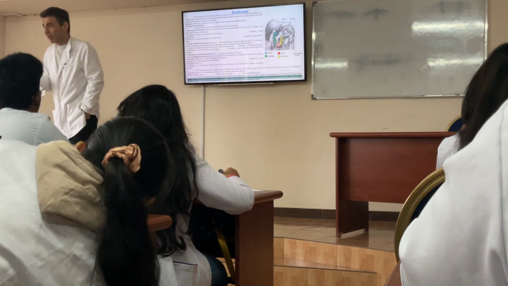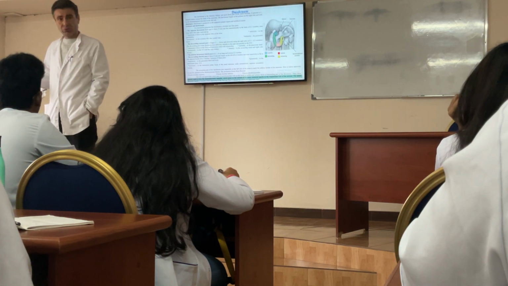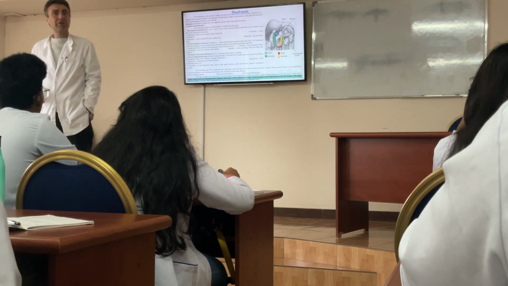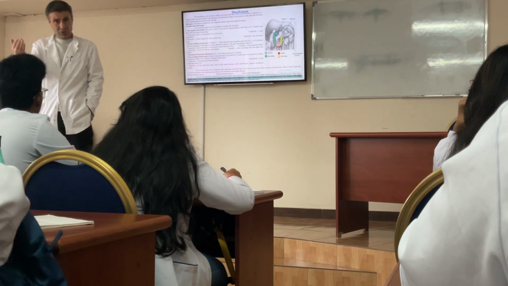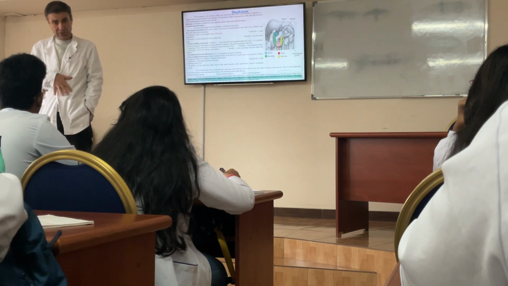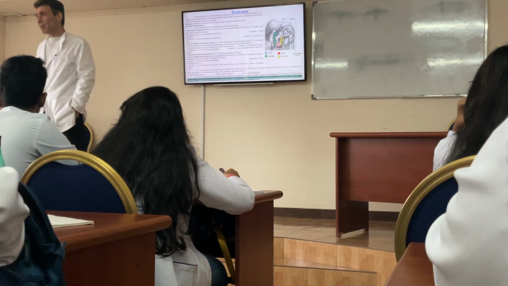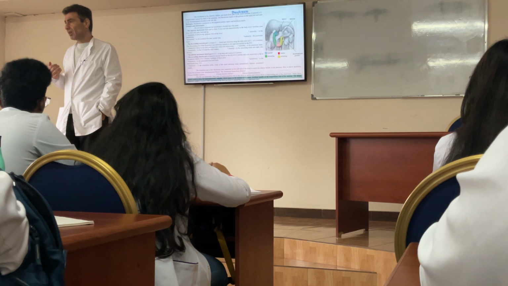Let's say once again, if I need to reach the descending duodenum, what must I do? First, I must lift the liver because it covers it from the front. Second, I must understand that in front of the descending duodenum I will have the parietal layer of the peritoneum, because it is a retroperitoneal structure. It is located behind it.